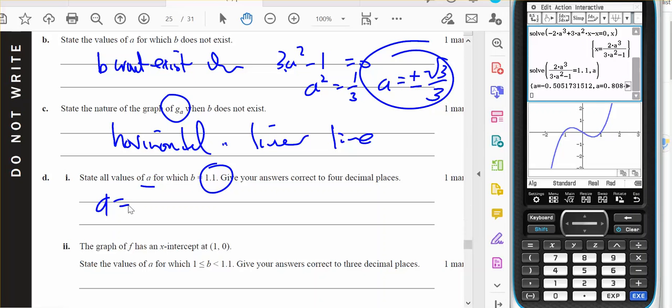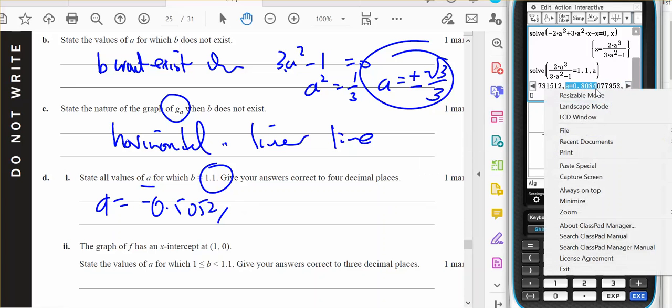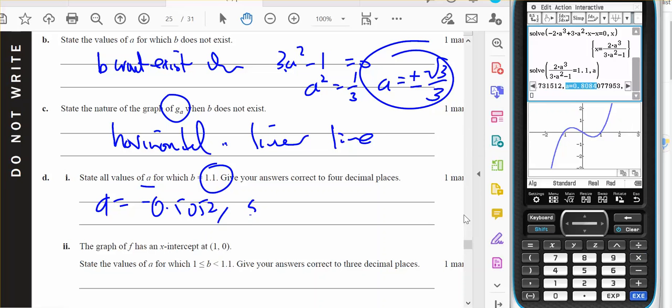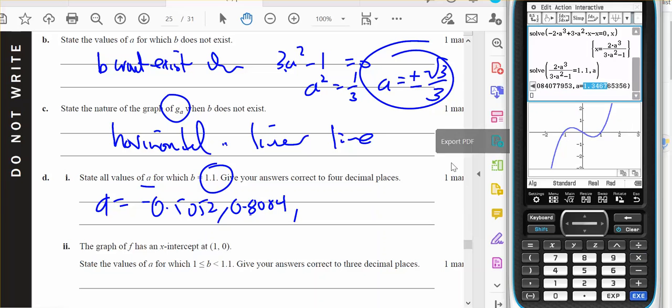So A equals negative 0.5052, 4 decimal places. 0.8084. And is there another one over there? There is, 1.3468.